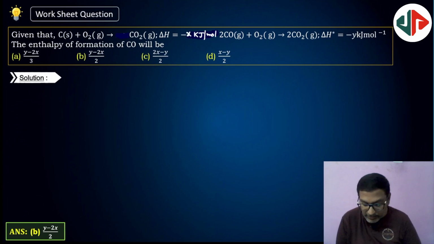Next, 2CO plus O2 gives 2CO2. For this, Y kilojoules per mole. Then, the enthalpy of formation of CO will be.